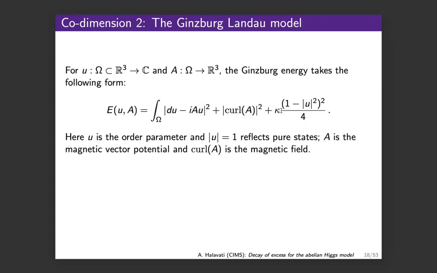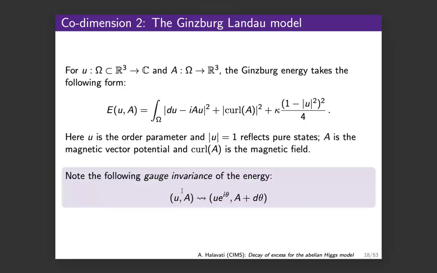Okay. So first, when you look at this energy, there's one thing that you notice: this energy has a huge group of symmetries. In fact, if you twist U with an S1-valued map, e to the i theta, and you twist A accordingly, the energy remains exactly unchanged.